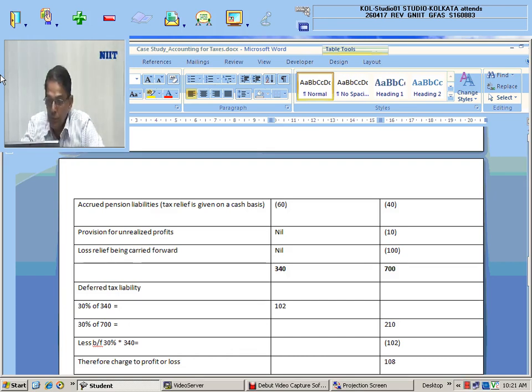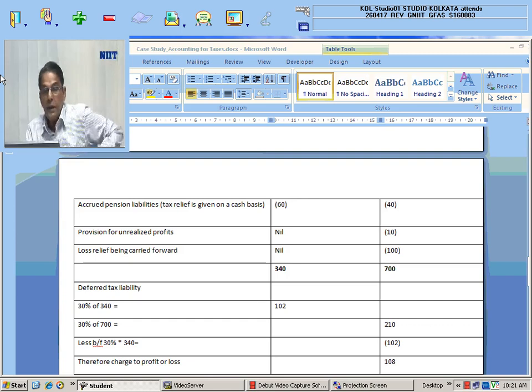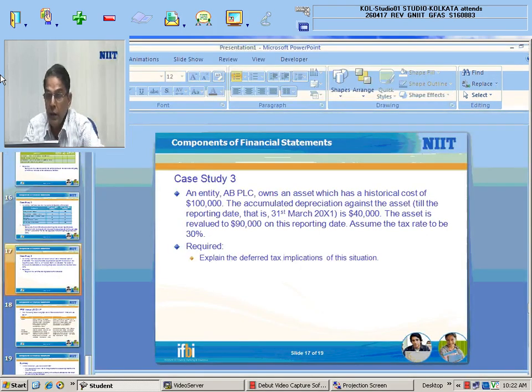Okay, thank you. So I'll go back to case study 3, the third case study. An entity AB PLC owns an asset which has a historical cost of 100,000, and accumulated depreciation against the asset till the reporting date, that is 31st March 20X1, is 40,000. The asset is revalued to 90,000 on this reporting date. Assume the tax rate to be 30%.